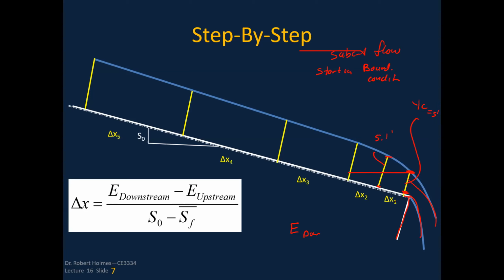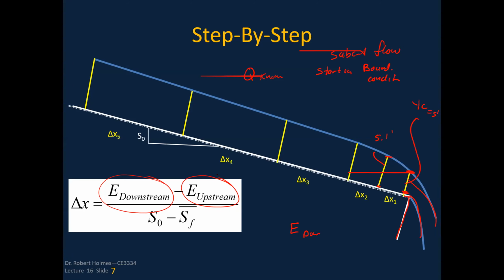How far, delta X1, is it to go from 5 feet at this location to 5.1 feet? Because this is 5.1, I also am going to have to know the Q. That's going to be known. So from that, I know what the velocity is at this location, and I know the depth. So I've got everything I need to calculate the specific energy upstream and downstream.